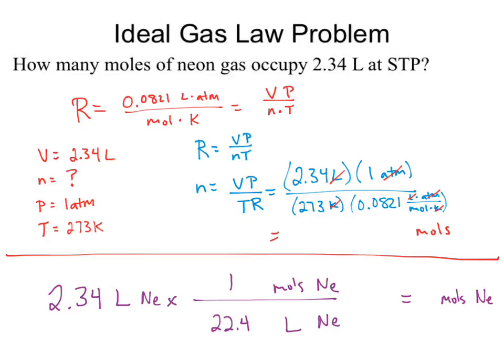For better or worse, we tend to ask questions at STP, so it's almost always easier to go through and do this conversion. Again, I don't like it because it doesn't apply out into the larger world. Either way you solve it, what are you going to end up with? The exact same answer. It's beautiful in that respect.